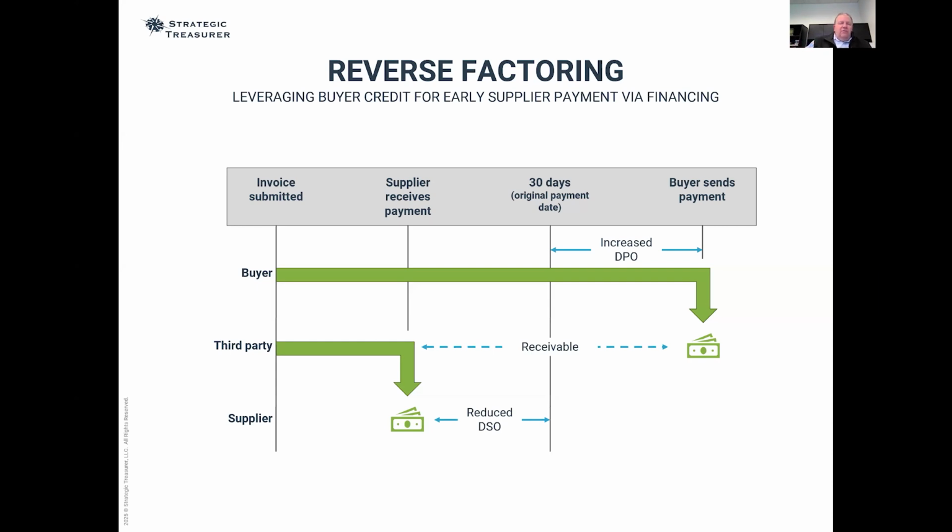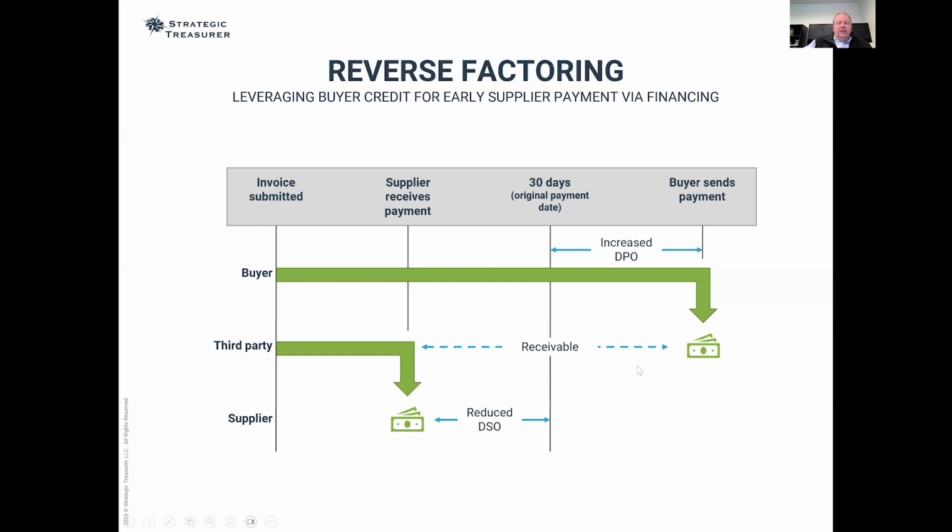Now, if I'm a buyer, you can use reverse factoring, right? So I want to extend the terms when I pay, but I want to offer earlier pay for a discount purpose. So as the buyer, I want to increase my DPO, but I don't want to break my suppliers. So I work on a reverse factor so somebody else can get in there and pay them sooner.